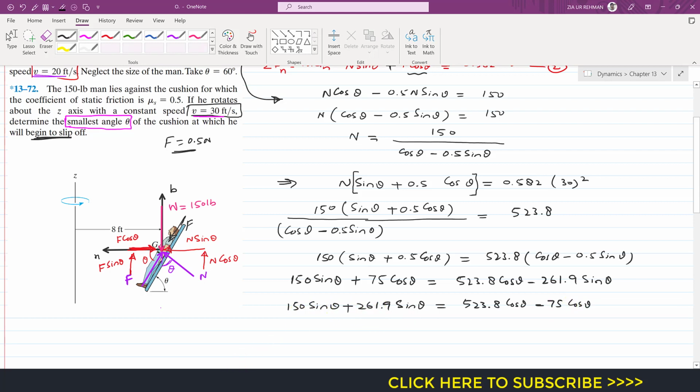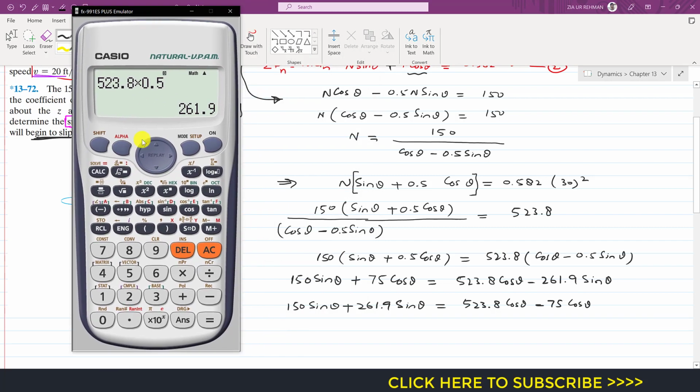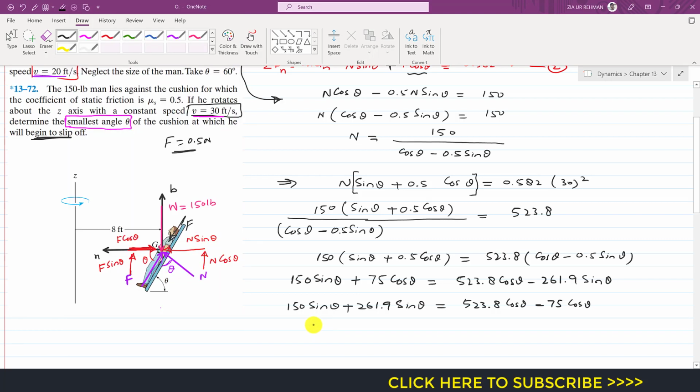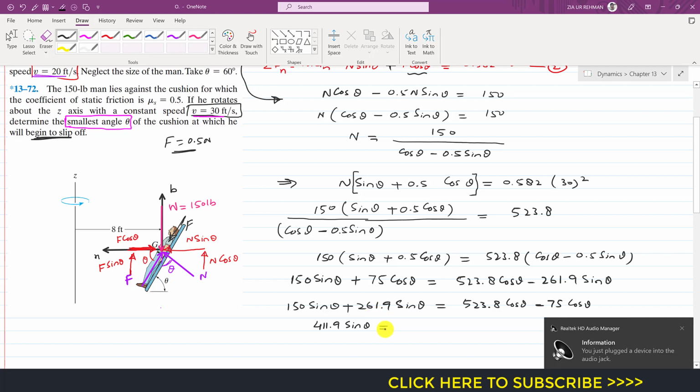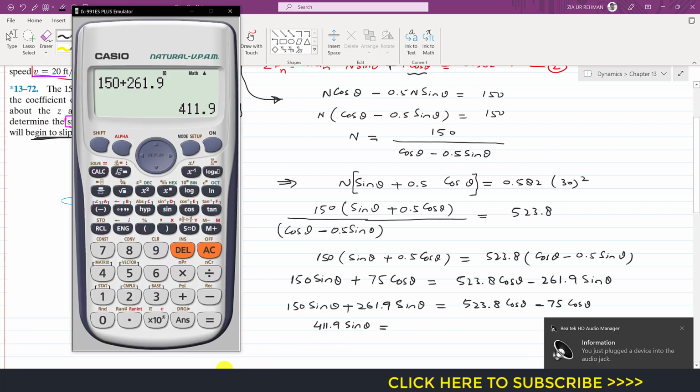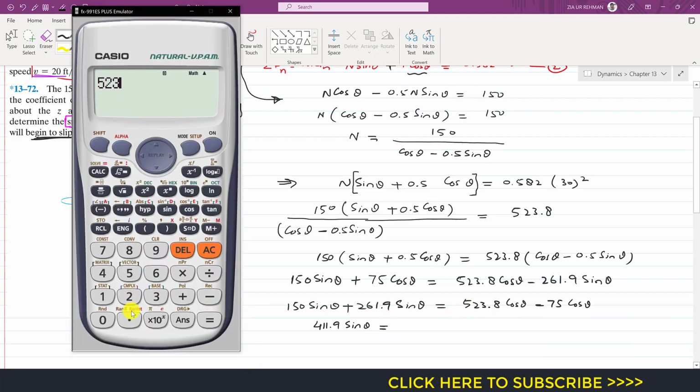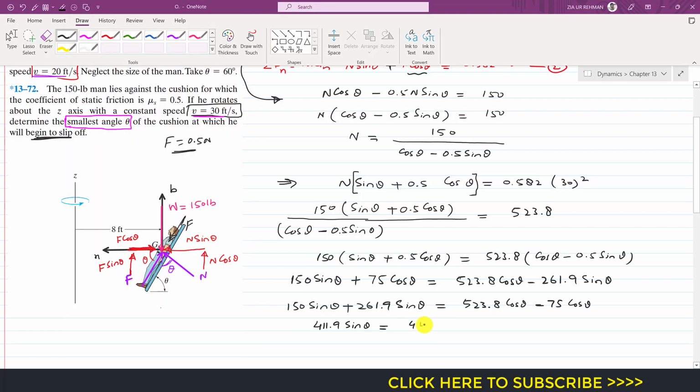So we can add both of these: 150 plus 261.9 gives me 411.9 sine of theta, and this is equal to 523.8 minus 75, which is 448.8 cos of theta.